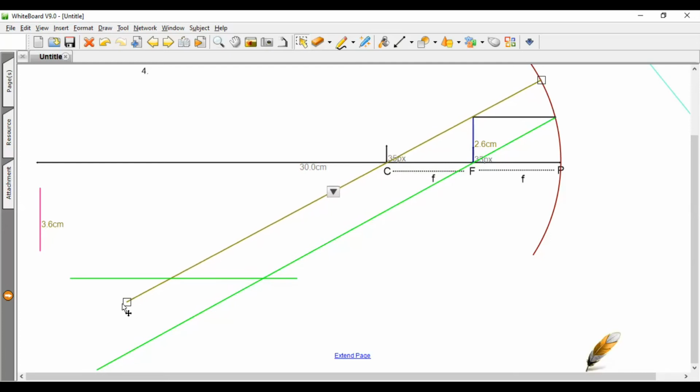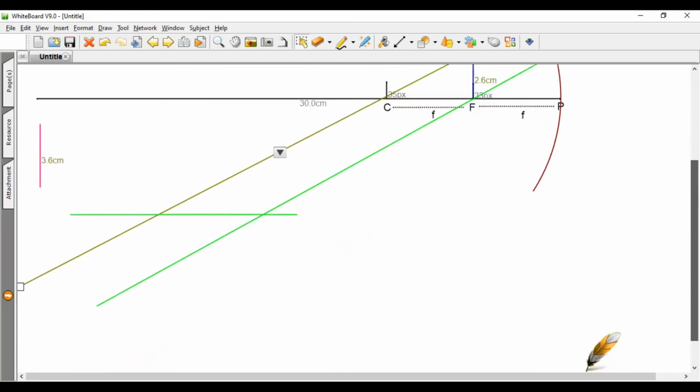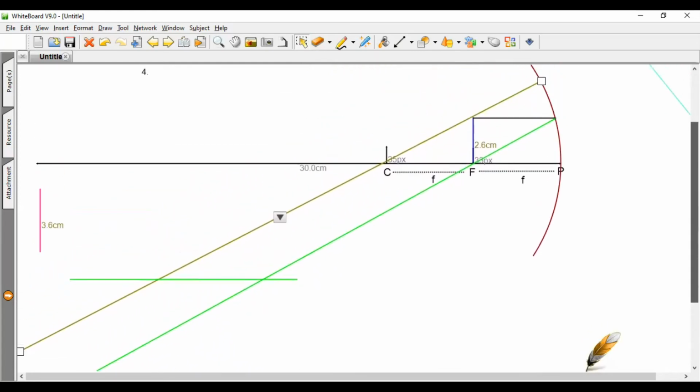Don't forget your center of curvature and the tip of the image, the object over there. Wait, I'm not sure these two are going to meet at all. It's like they're even going far apart. Okay, no. This is the issue here.